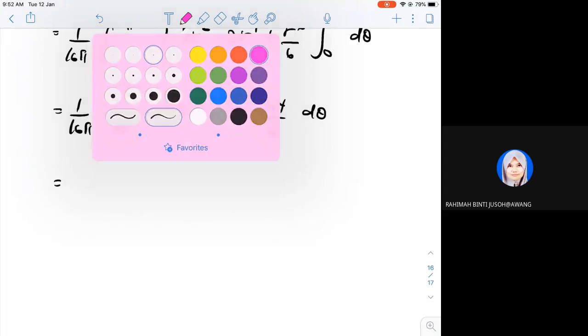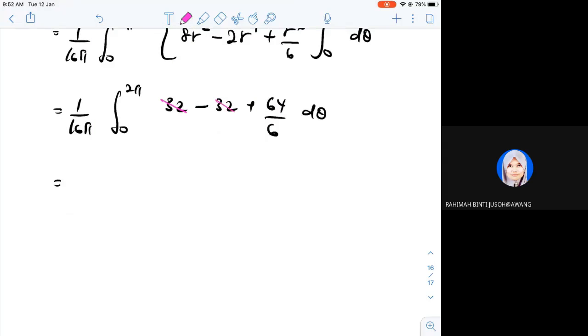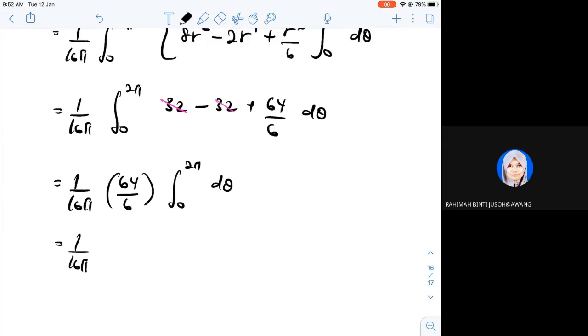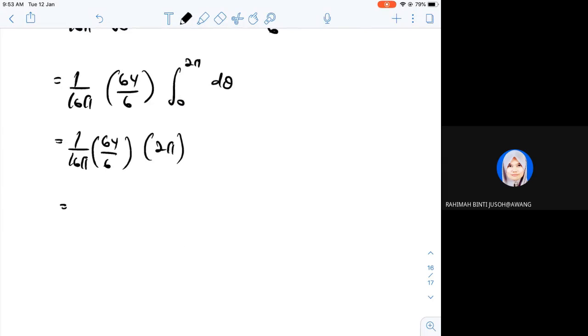So 32 habis. 64 over 6 boleh bawa keluar. 1 over 16 pi, 64 over 6. So integrate 0 until 2 pi d theta. So we will have 1 over 16 pi, 64 over 6 multiply by 2 pi. So ini boleh kecilkan lagi ni.